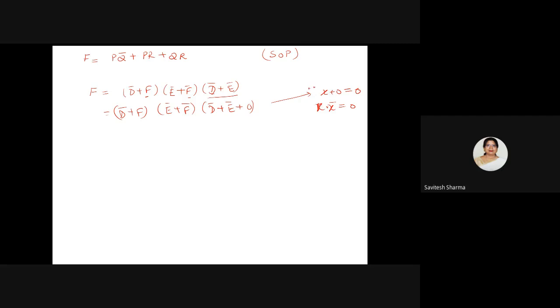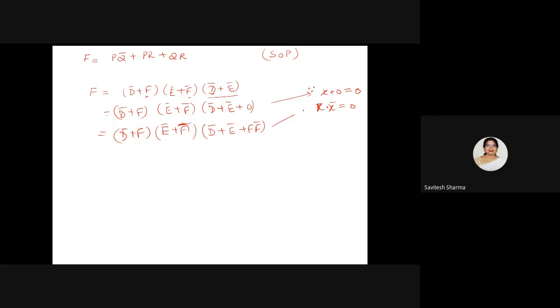So that property I am using here, and the next step is replacing the 0 with the F complement.